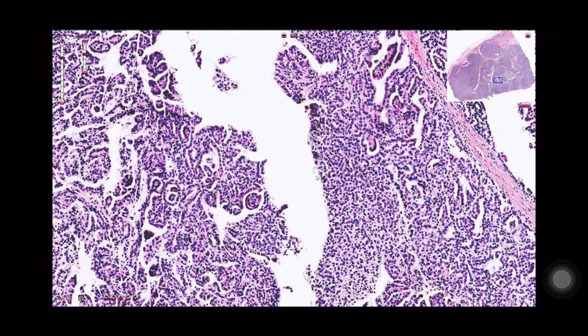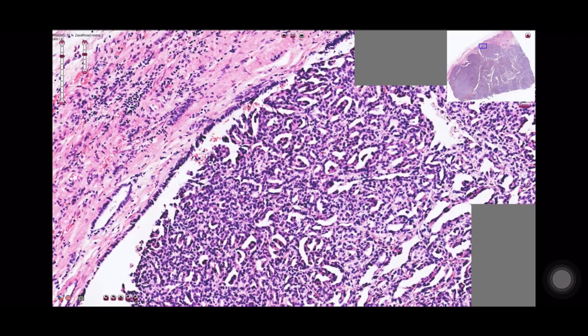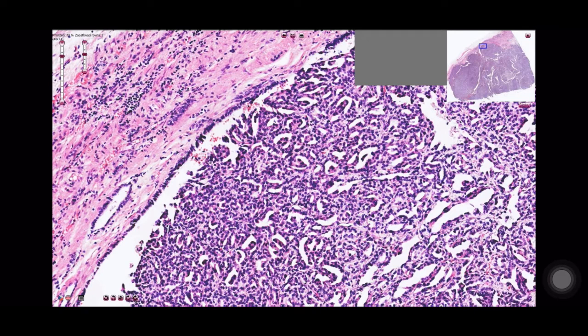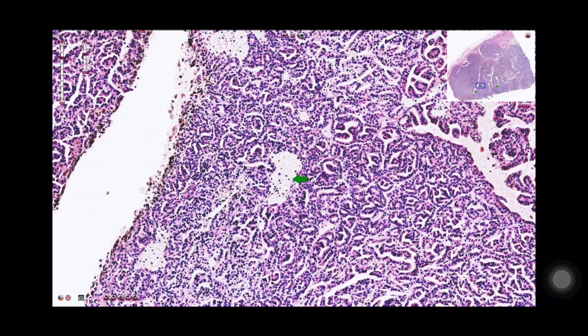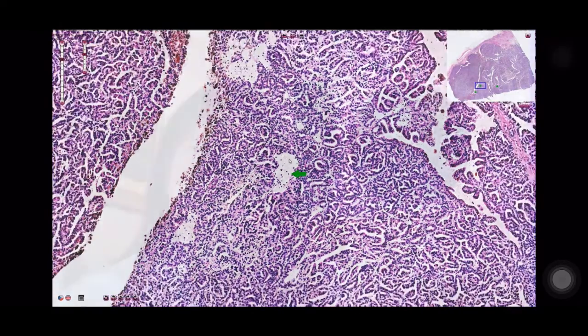Here we have a small area of solid growth, and here we have an example of tubular or acinar type of growth with a few foci that slightly resemble small glomerular structures. A very useful sign of papillary renal cell carcinoma is the focal accumulation of these foamy macrophages, also here and here. Alright, papillary carcinoma.